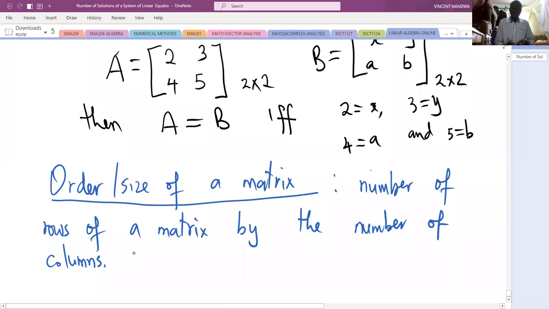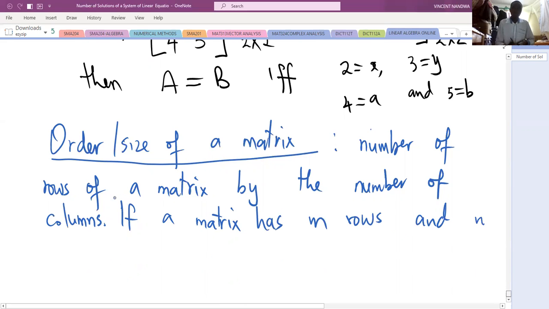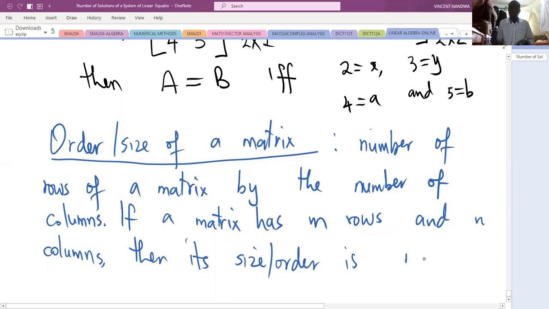So if a matrix has m rows and n columns, then its size or order is m by n, read as m by n.